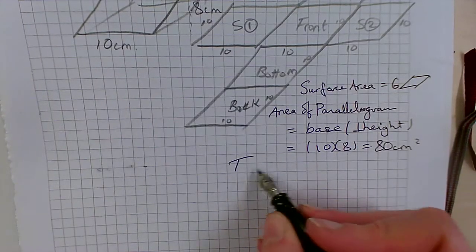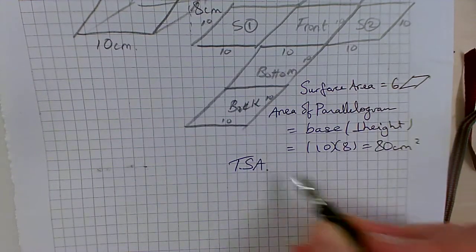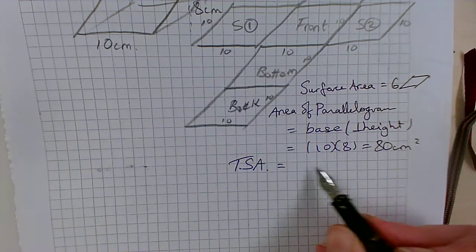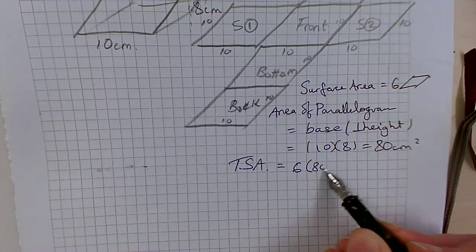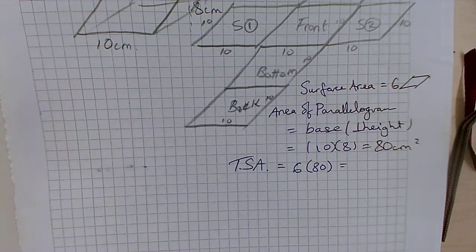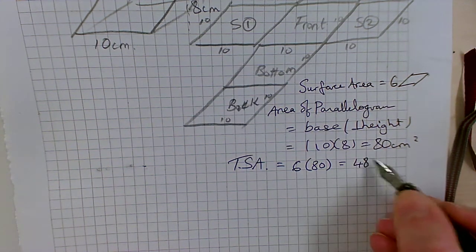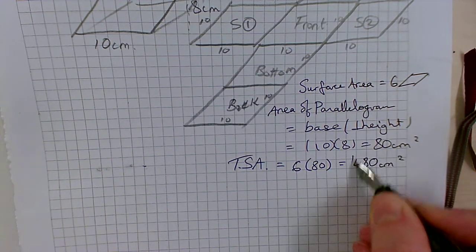So the total surface area is going to be 6 by 80, and that is 480 centimeters squared.